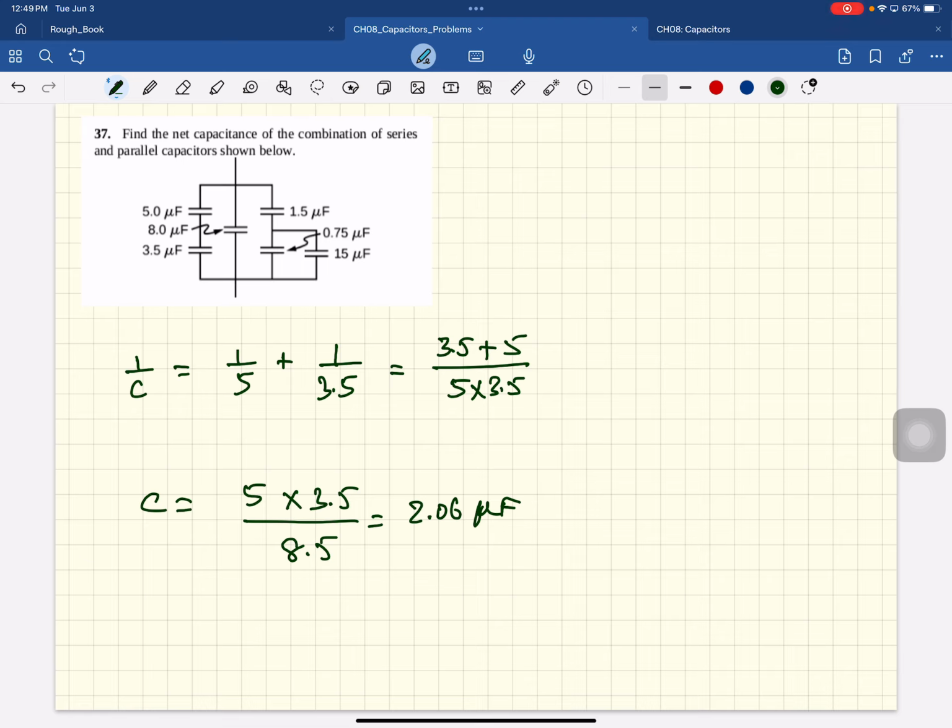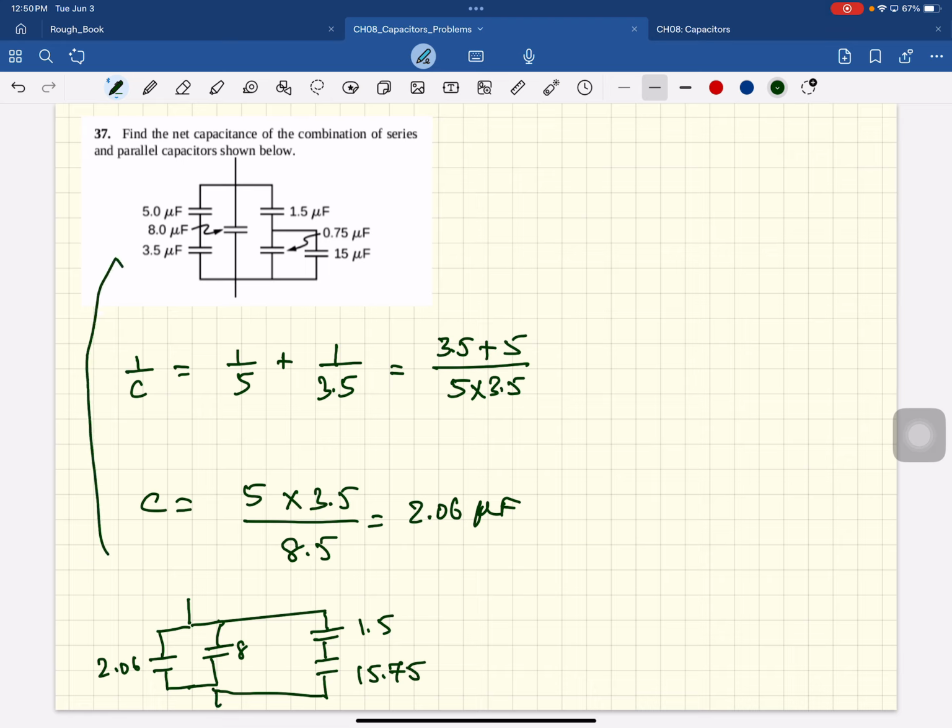So now this reduces to 2.06, and this was 8, and this is, oops, 1.5, and the combination of this is 15.75. Okay, so we've reduced it to that.